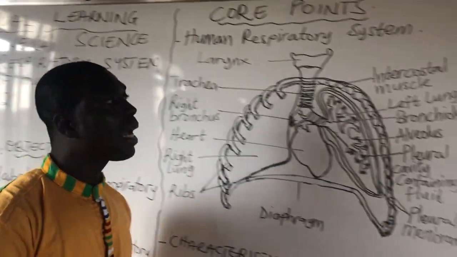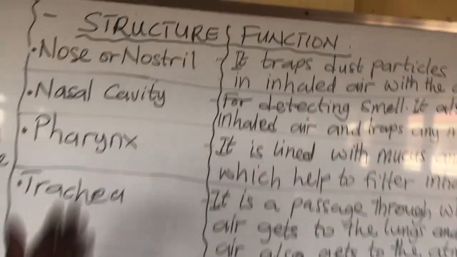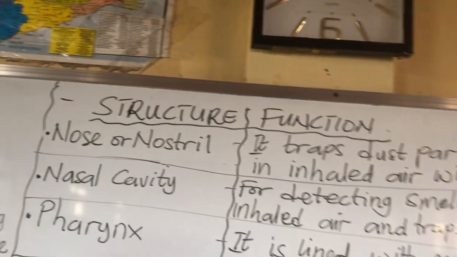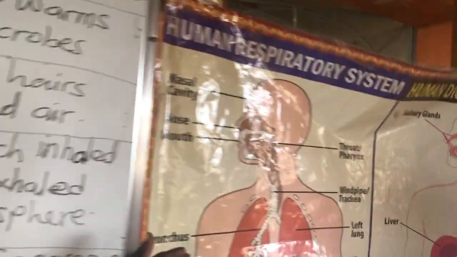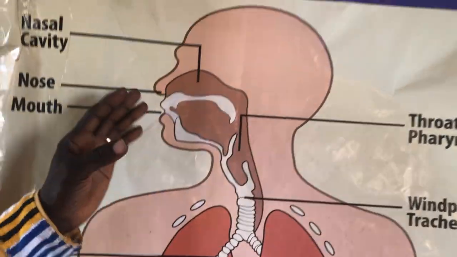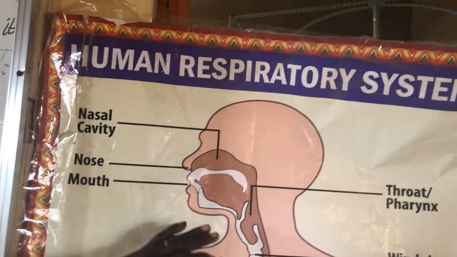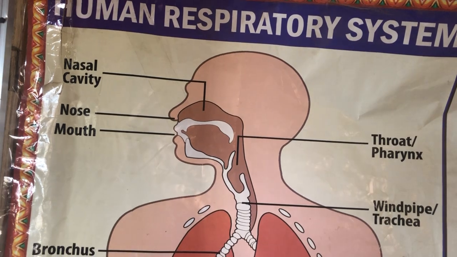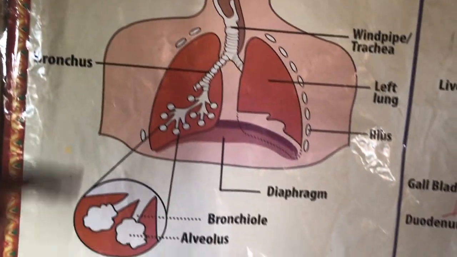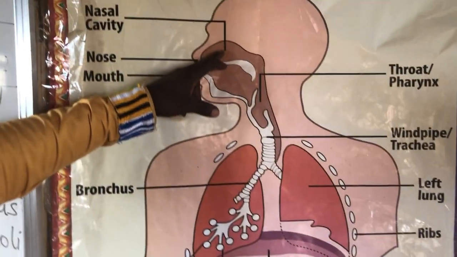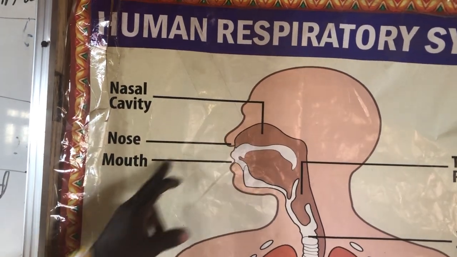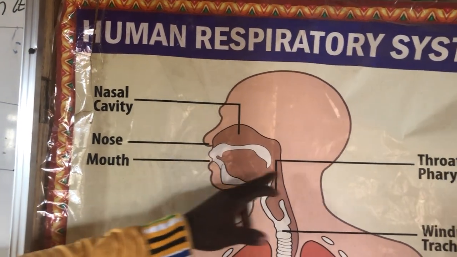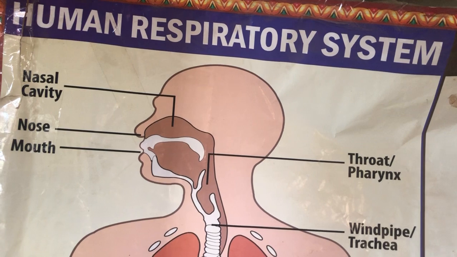Now let's quickly look at the various functions of the parts. Here we have a diagram which is very clear about the respiratory system through the head up to the diaphragm. We have the nasal cavity, the nose, the mouth, and the throat or the pharynx.